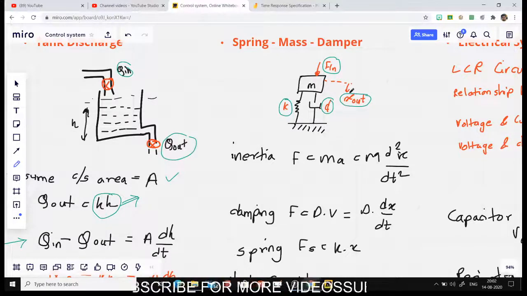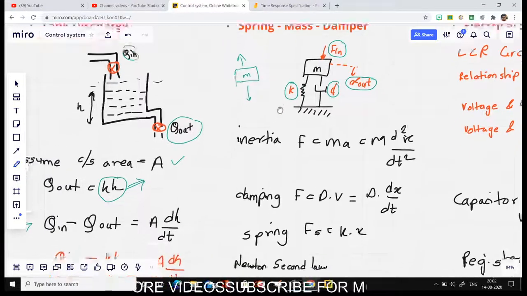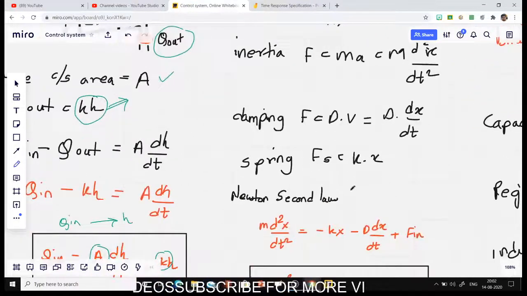We basically solve it like mechanics. We develop the free body diagram for the mass, where some forces go up and some forces go down, and the governing equation is Newton's second law. All the forces coming into the system or going out from the system are equal.